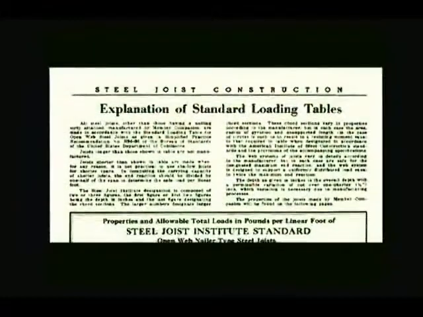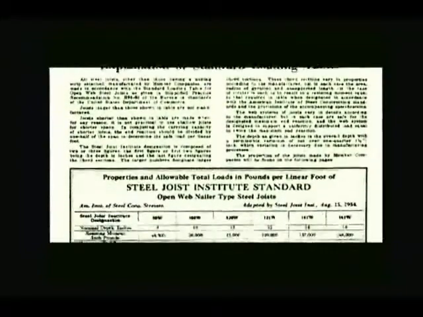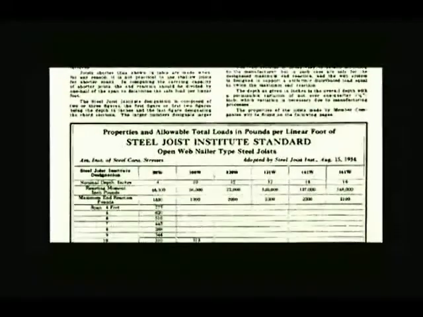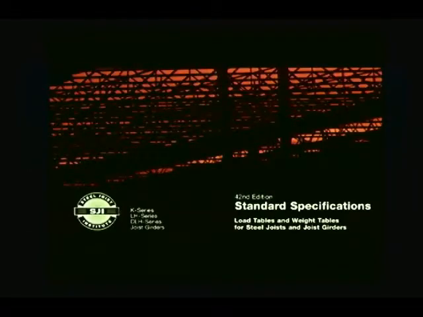The Steel Joist Institute first published standard specifications and load tables in 1932. Since 1978, SJI regularly produces several publications. The main one is Standard Specifications, Load Tables and Weight Tables for Steel Joists and Joist Girders.